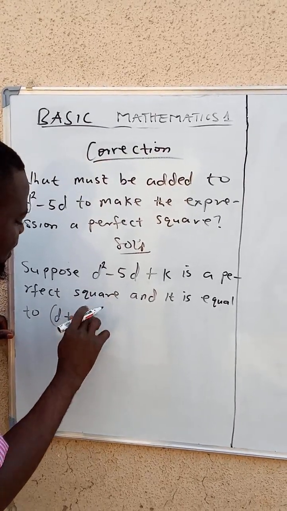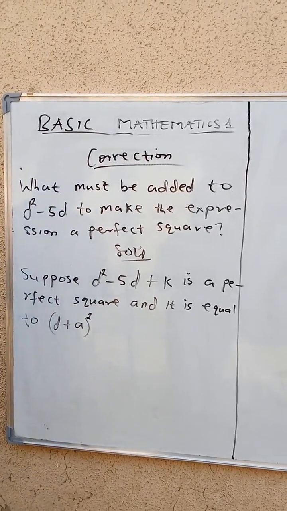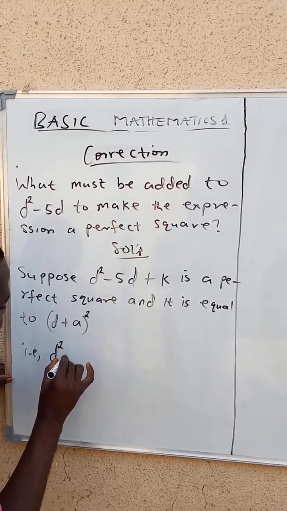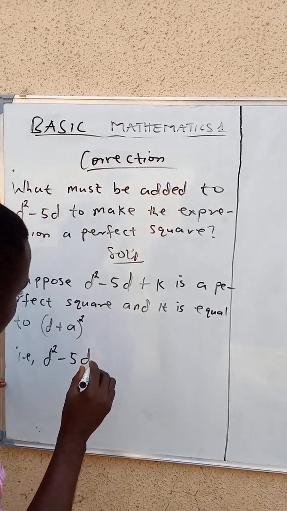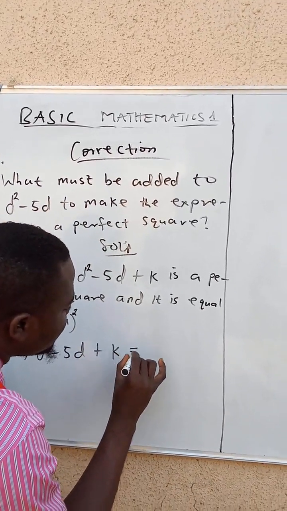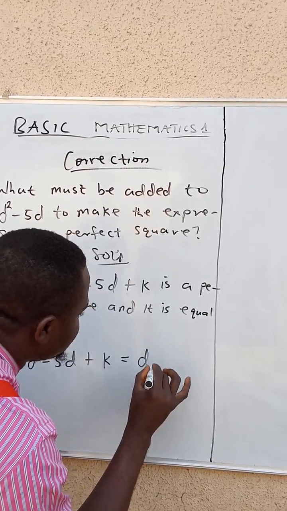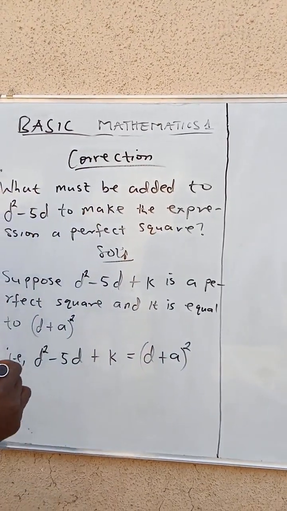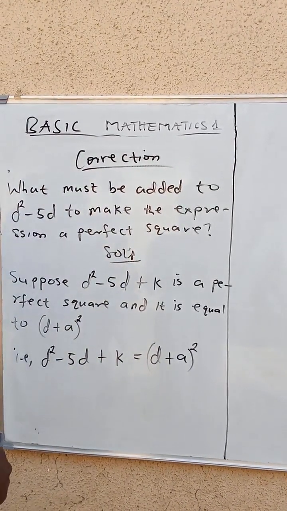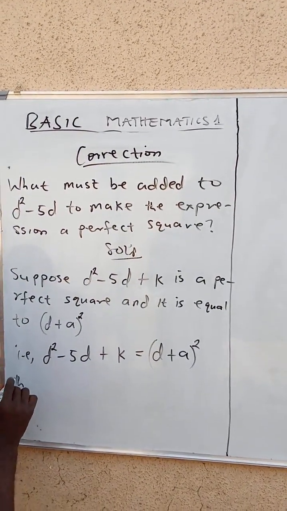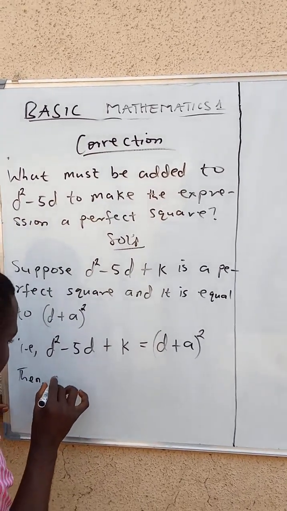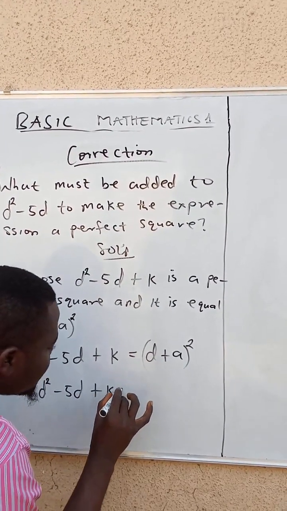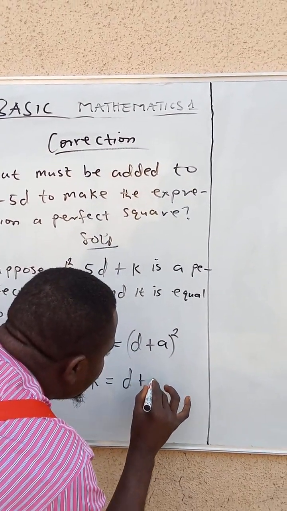Now, if we are having this, that is d squared minus 5d plus k is equal to d plus a all squared.